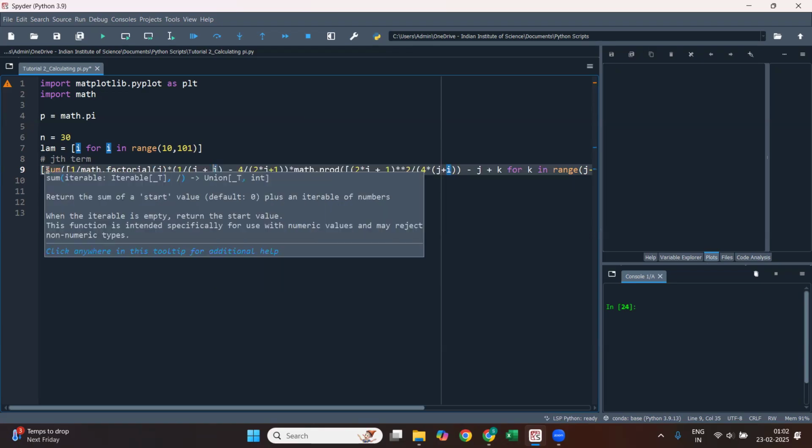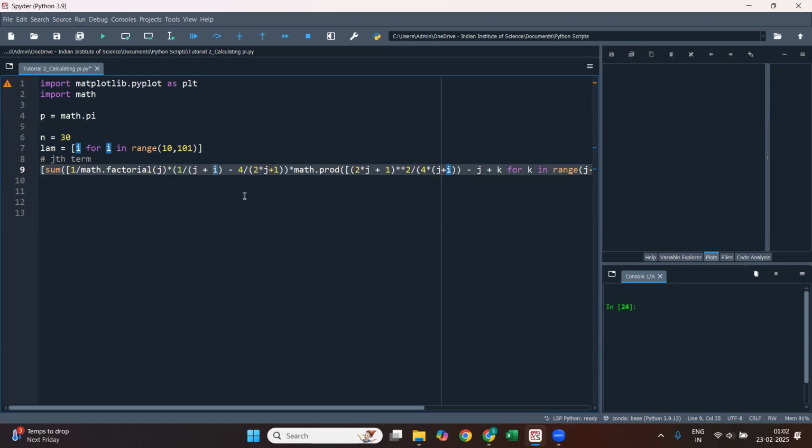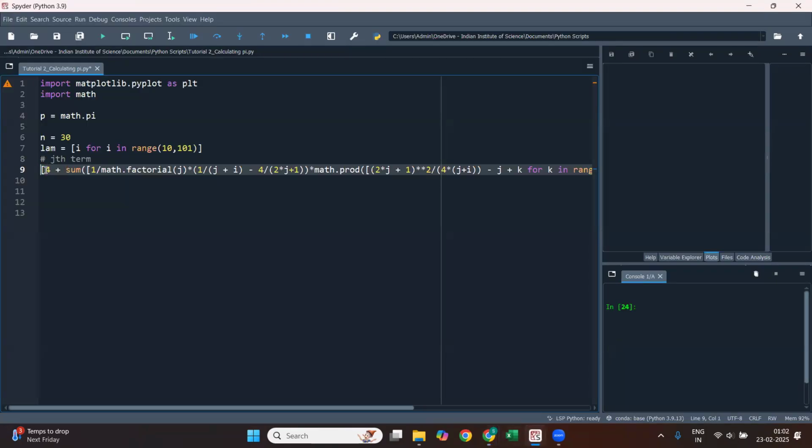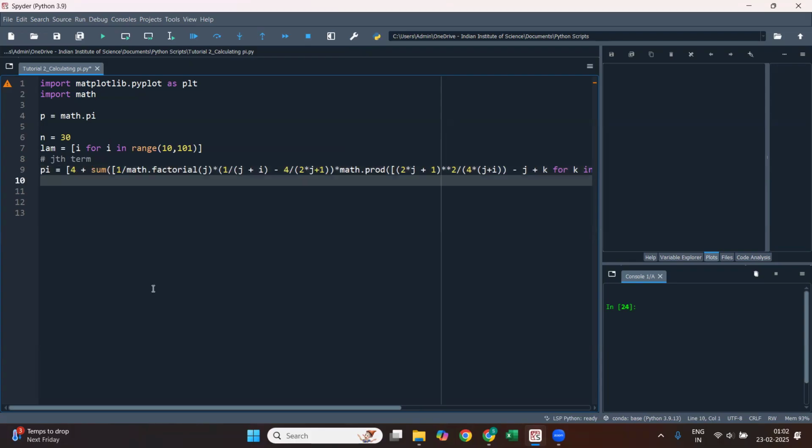So the first element, for example, corresponds to the summation at lambda equals 10. Similarly, the second element would correspond to the summation at lambda equal to 11, and so on, right? And this is not pi, this is pi: 4 plus this summation is pi. So now we have got a list that is basically the values of pi corresponding to different values of lambda. So we'll say pi equals this.